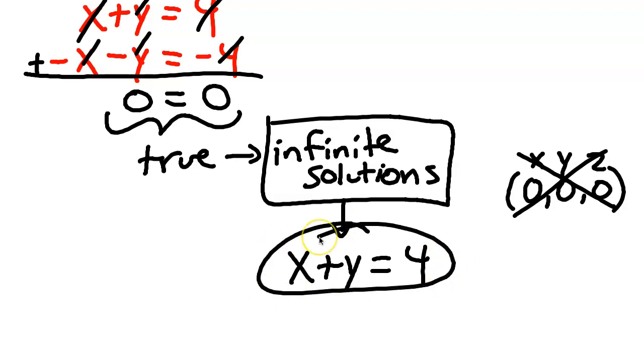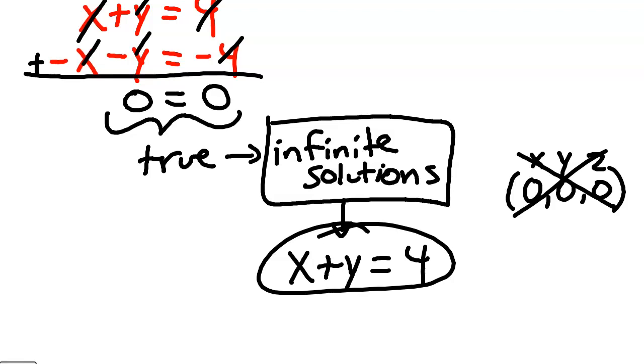This helps me figure that out, right? Whatever is a solution to this system of equations, x plus y has to equal 4. So only ordered triples where the x and y coordinates add up to 4 can be solutions to this system of equations.